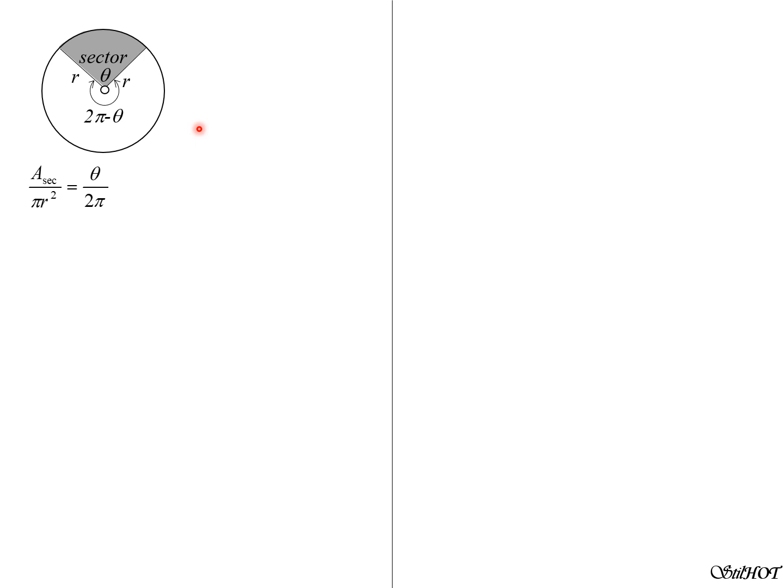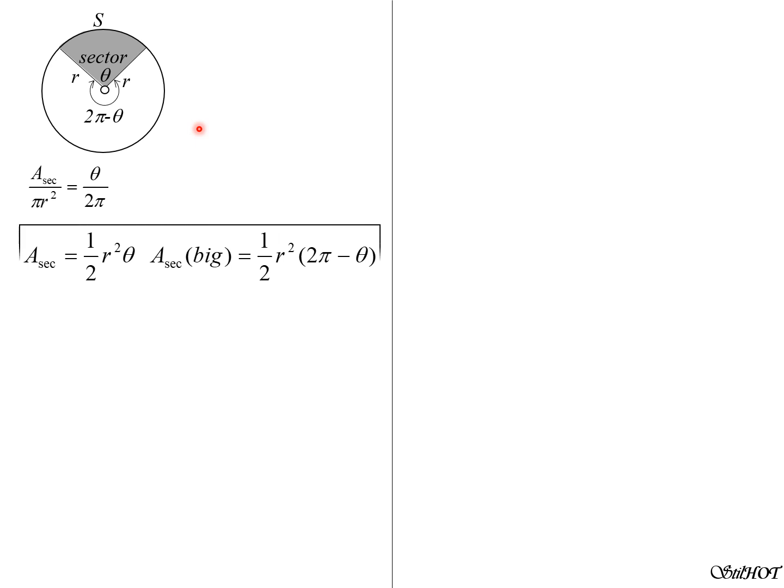Theta is in radians. And for the bigger sector, it is 1/2 r squared times the quantity 2 pi minus theta. So those are formulas that can be derived, not memorized.